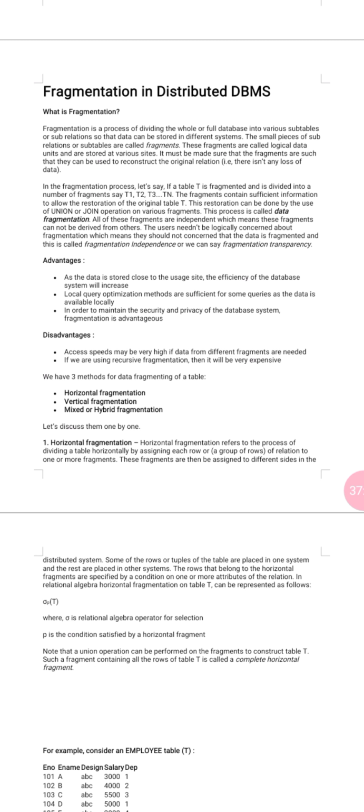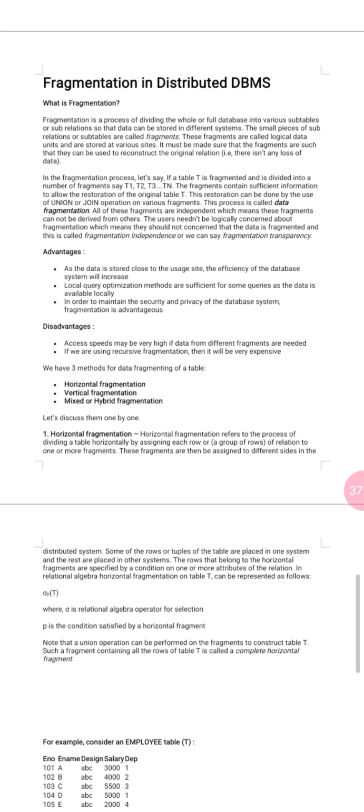Clear? Fragmentation means the whole data is divided into different units or relations. We can say sub-relations are created so that the data can be stored in different systems also.